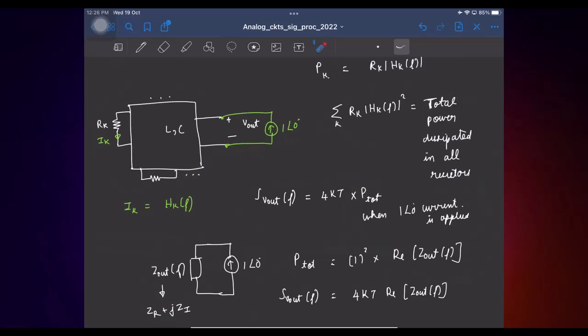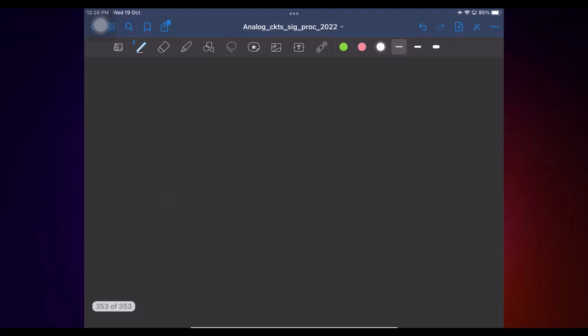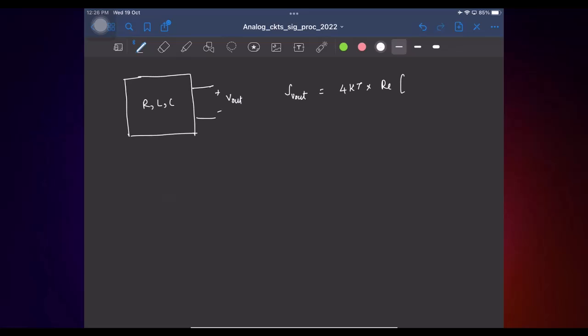So the bottom line is, if you have an RLC network where all the elements are linear, we can find the output power spectral density by simply taking 4kT times the real part of the output impedance.